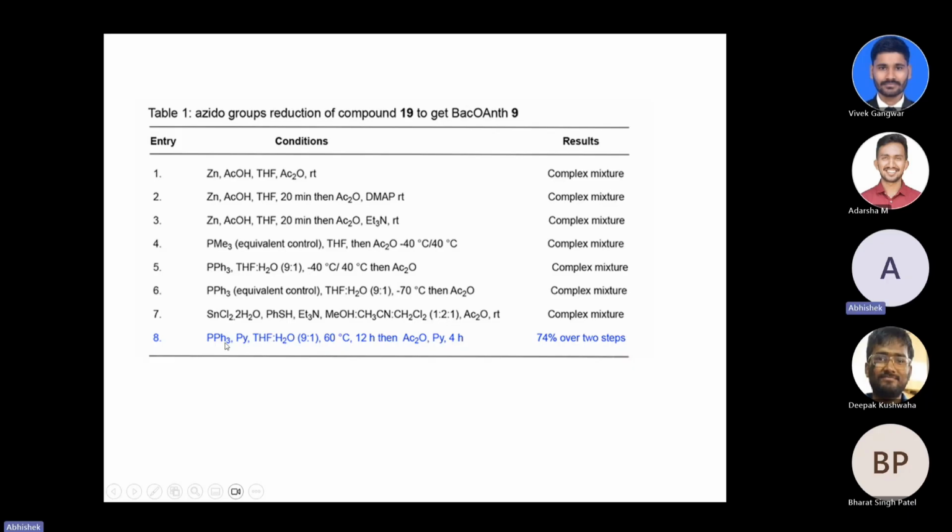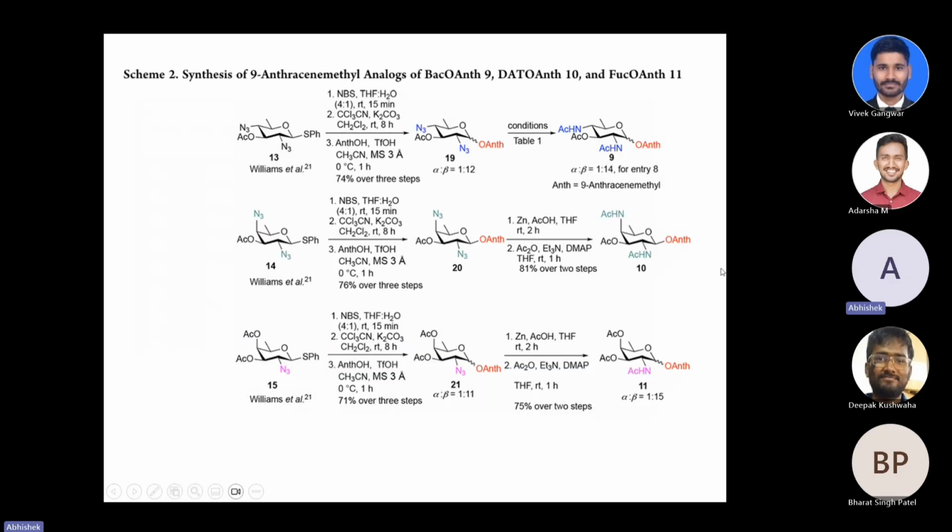In row 8, he found 74% over two steps by using PPh3, pyridine taking as a solvent, THF to H2O in 9 to 1 at 60 degrees Celsius. Reaction time is 12 hours, and then the reaction with acetic anhydride to form the corresponding 9 molecule in alpha to beta 1 to 14 ratio.